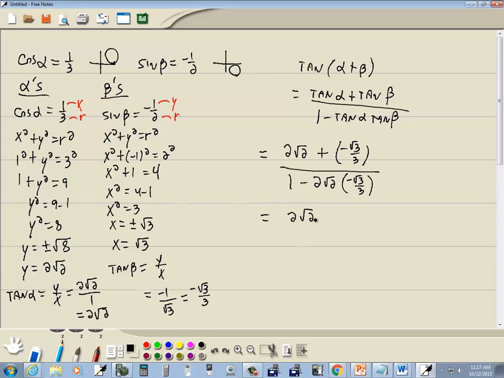So we've got 2 square root of 2 minus square root of 3 over 3, then over 1, and negative times negative is positive, and then 2 just carries along. Square root of 2 times square root of 3 gives us square root of 6 over 3.